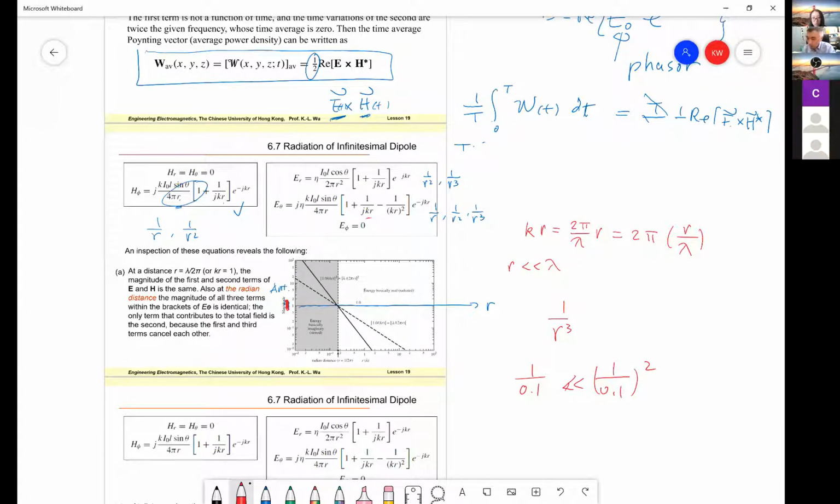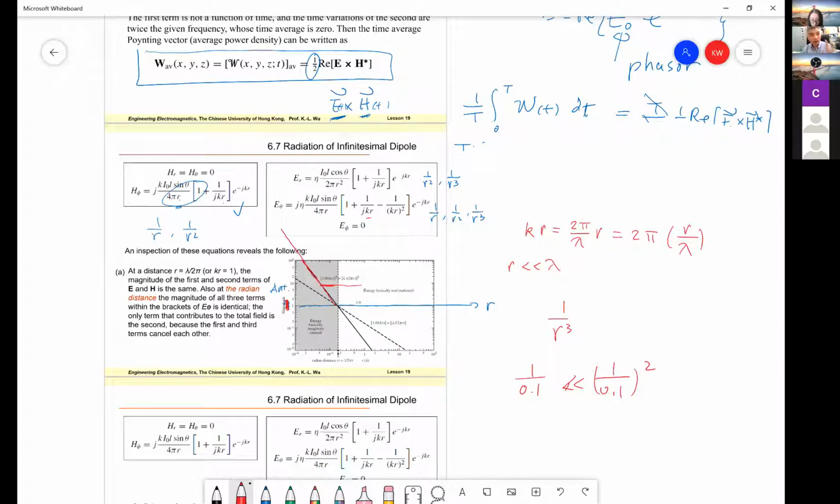So if we look at how this field changes with 1 over R squared with the distance, once the observation point gets closer and closer to the antenna, the field component is significantly increased, right?